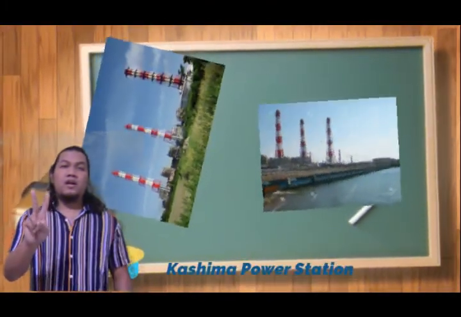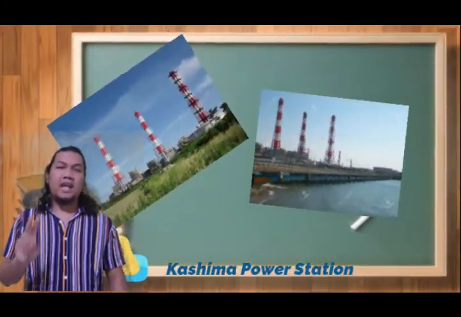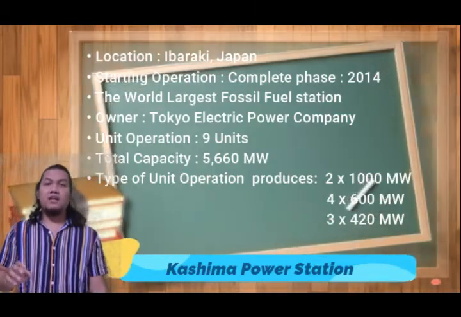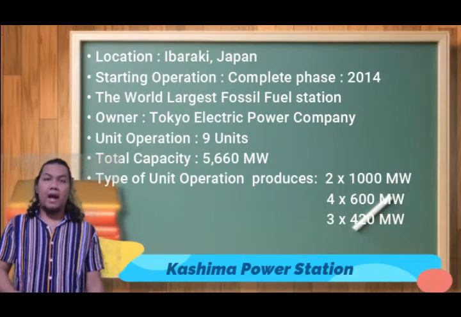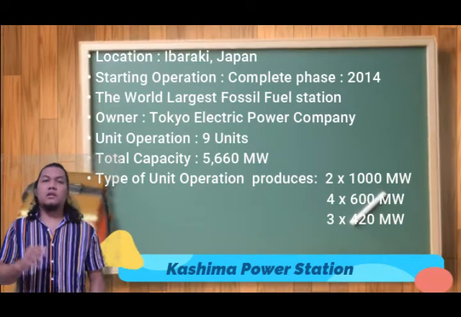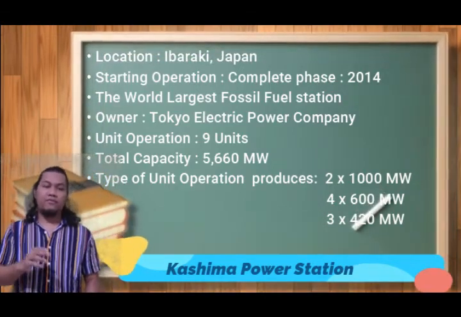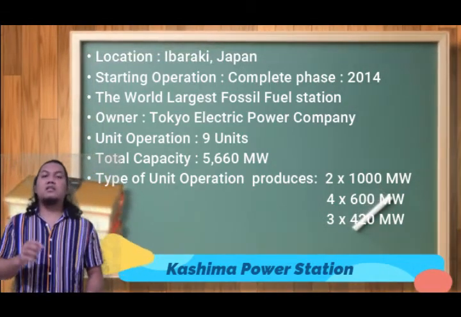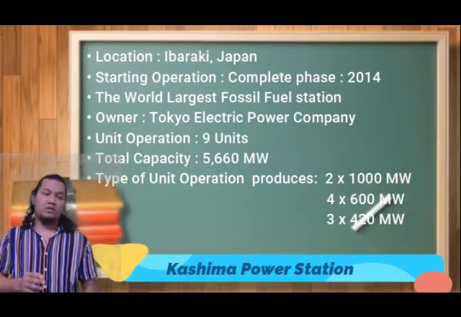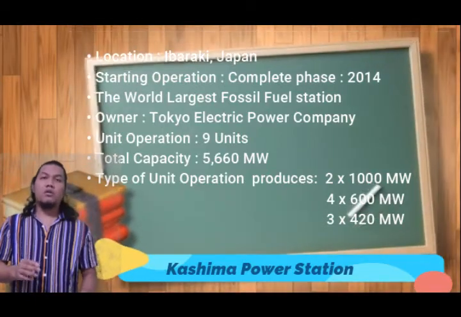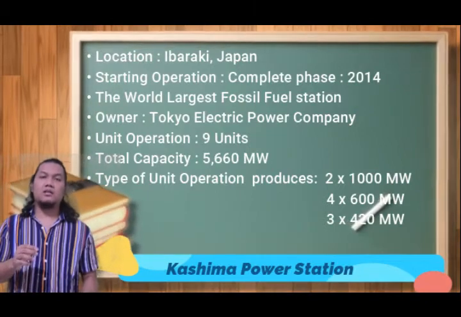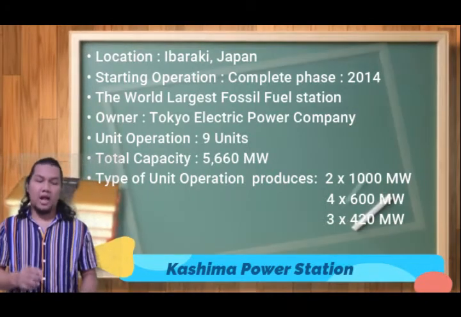Number 2. Kashima Power Station. Kashima Power Station is located in Ibaraki, Japan. It started operating in the complete phase in 2014. This is the world's largest fossil fuel station. It is owned by the Tokyo Electric Power Company. It has 9 units operational.